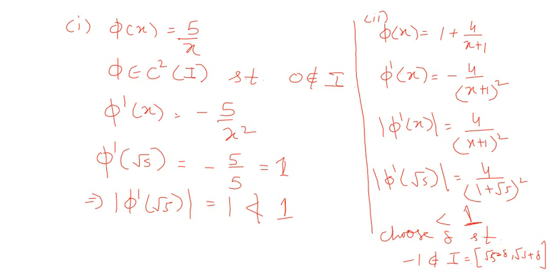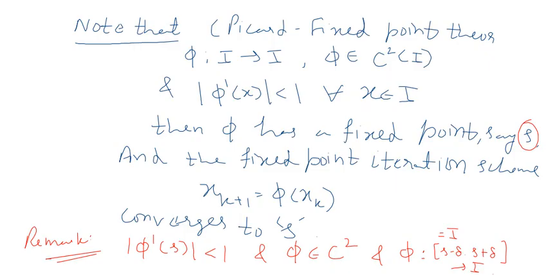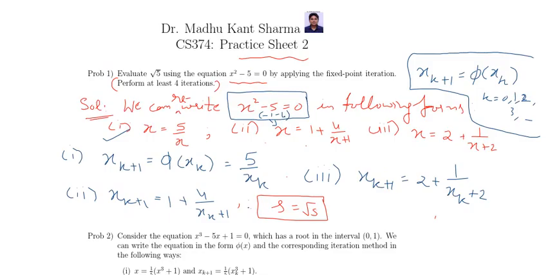Choose delta such that minus 1 does not belong to I. And this first one you can reject, because it does not satisfy the main condition that it is strictly less than 1. So second or third you can work, where you can go for convergence, which guarantees the convergence of the resultant scheme. Okay, and then you can perform at least 4 iterations.